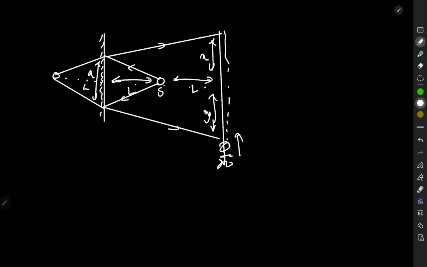So can I tell this as D by 2? Fine. So D by 2 by this x is equal to L by 3L. Fine. L gets cancelled. D by 2x is equal to 2x by 3. Do you agree?